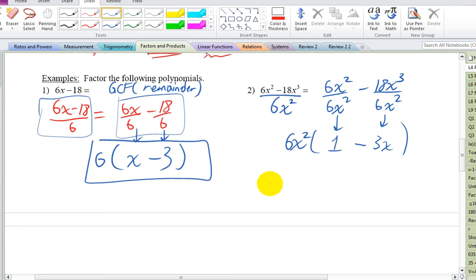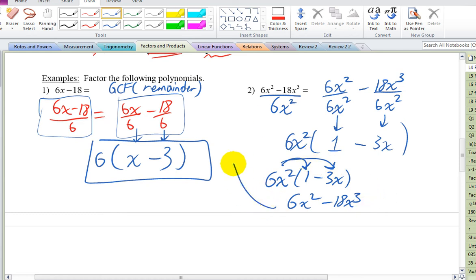Now this is why. If I have 6x squared times 1 minus 3x, when I multiply these together, what's 6x squared times 1? 6x squared. That's important. What's 6x squared times negative 3x? Negative 18x cubed. So when you multiply them, you go to the starting product.